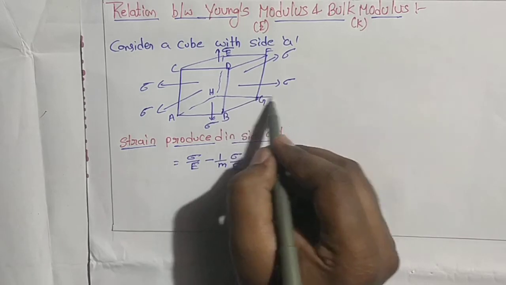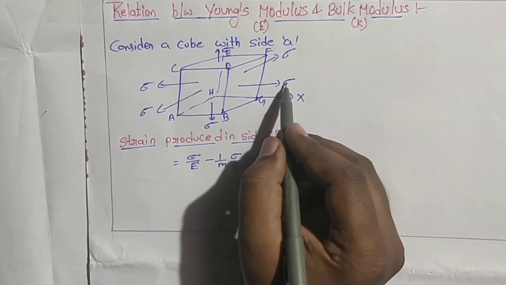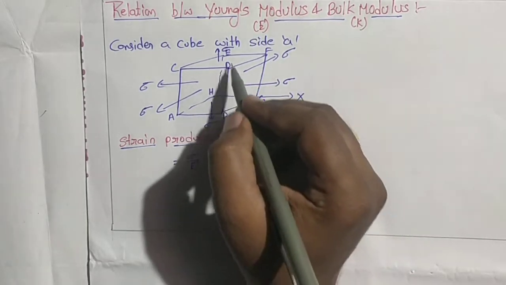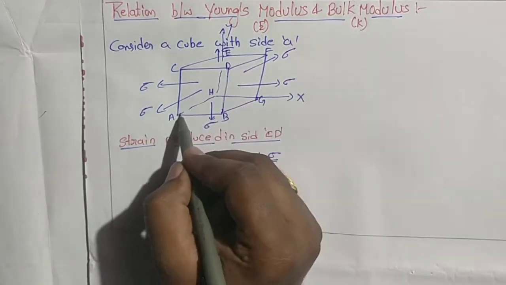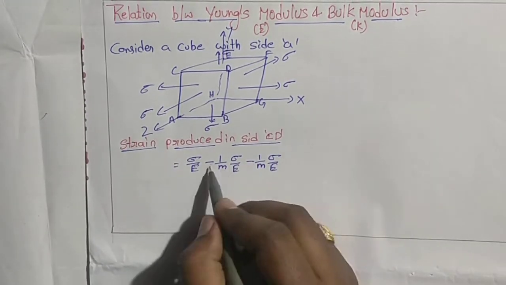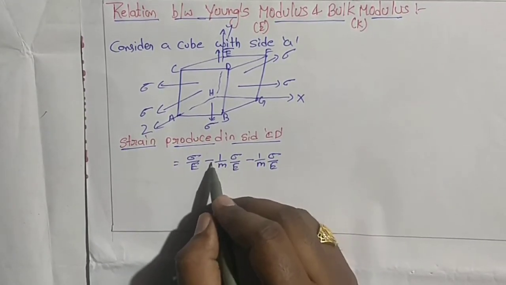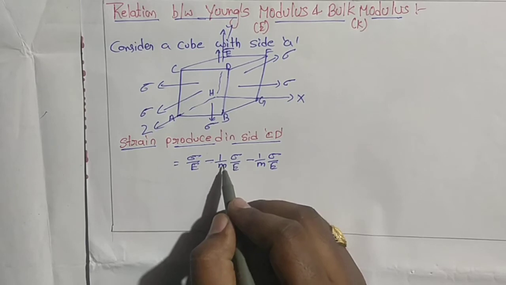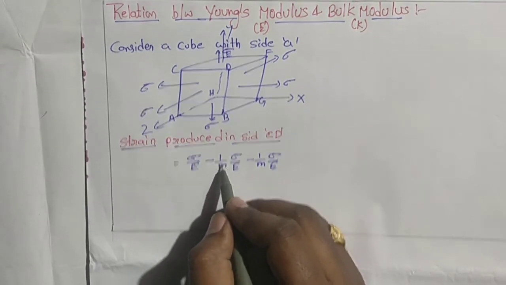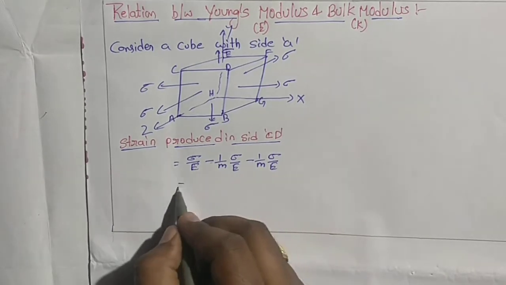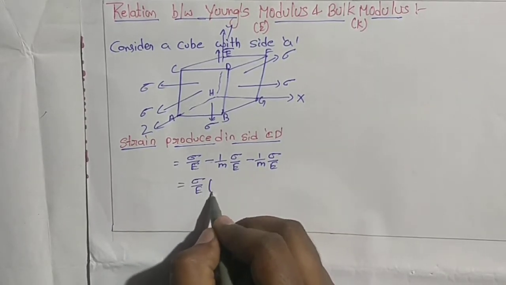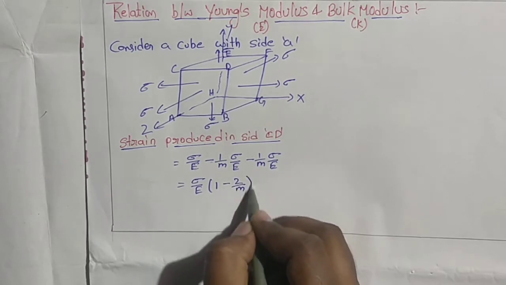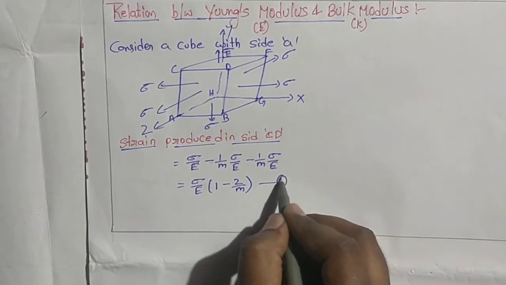Suppose I take the x direction. In the x direction the strain is positive. In the remaining two directions, y and z, the strain is negative. The remaining two sides are compressed, so minus sigma by E based on Poisson's ratio, 1 by m and 1 by m. Taking sigma by E as common, that is 1 minus 2 by m. It is equation 1.